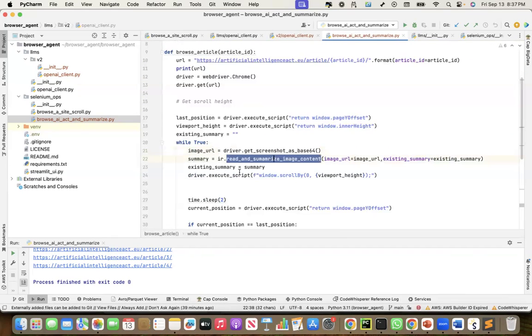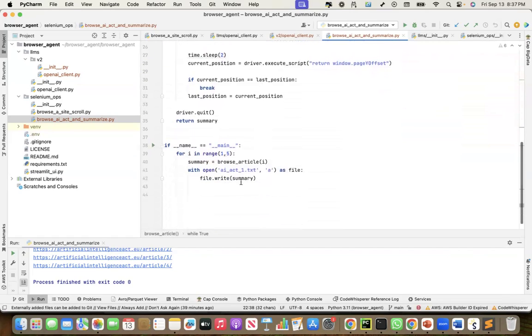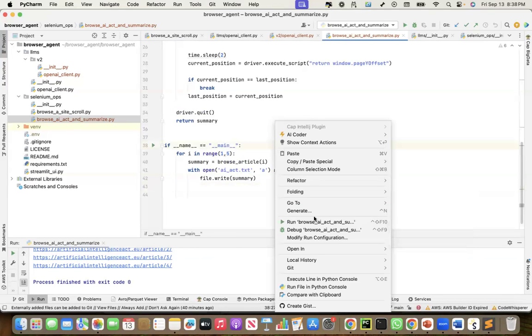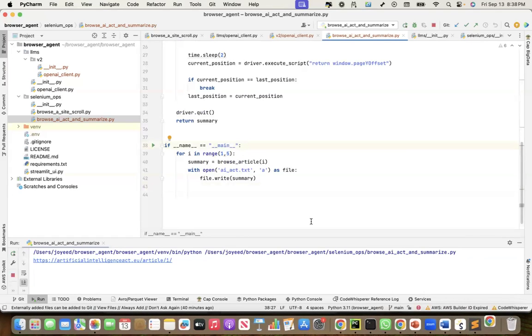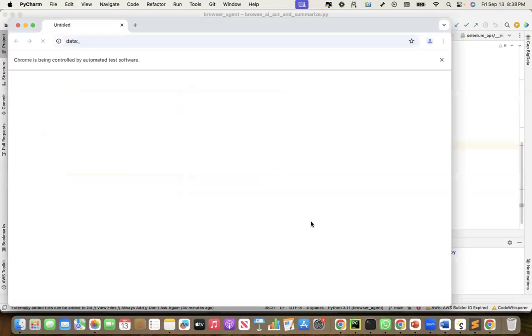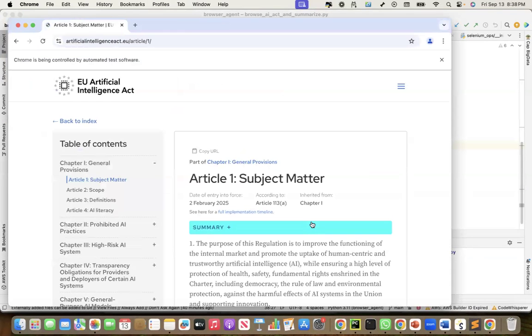This summary I'm then writing to a file, aiact.txt. I was running it multiple times, so let me run this now, and you'll see how it opens one article at a time, scrolls, browses it, and summarizes it. You need to be a little patient because it takes some time.